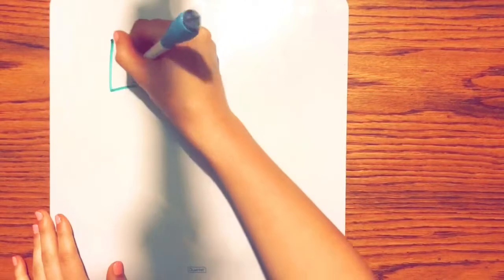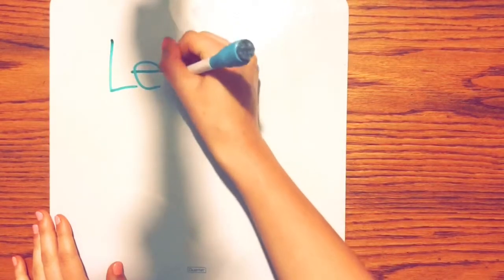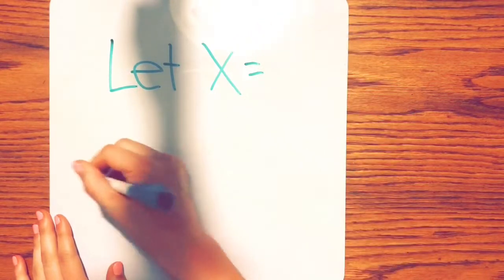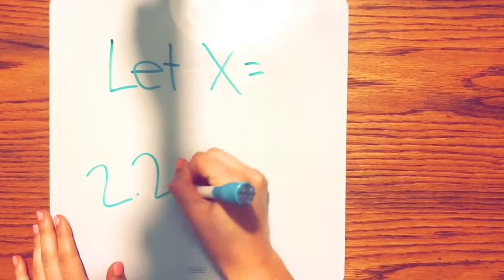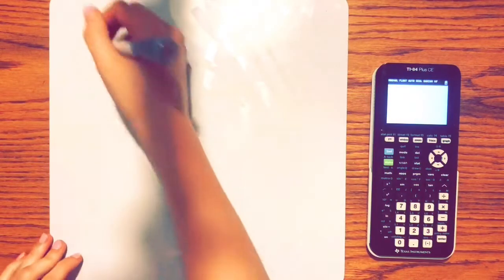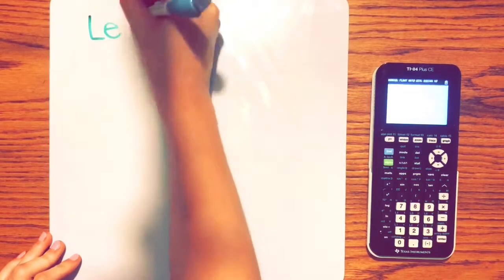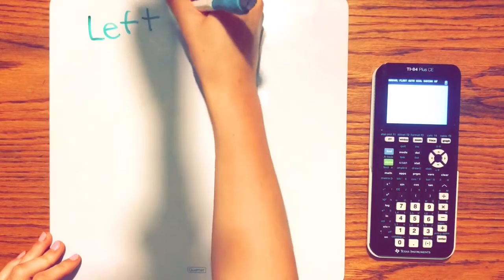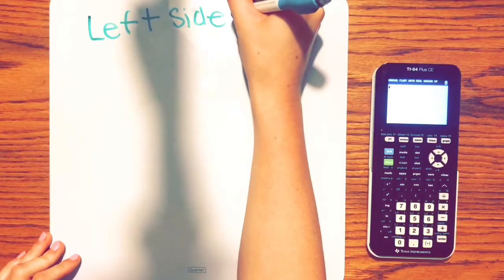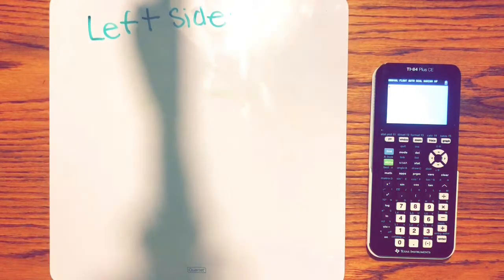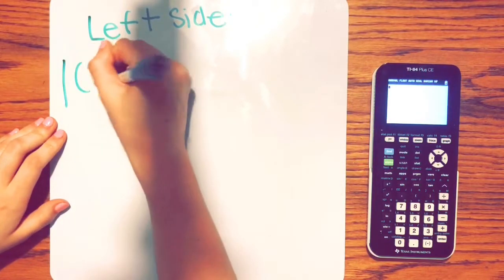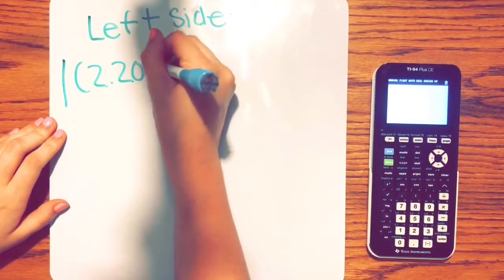You will now check your equations using 2.207 in place of your x's. We will begin with the first equation, on the left side. The absolute value of 2.207 squared minus 4 times 2.207 minus 3 is where you will begin.